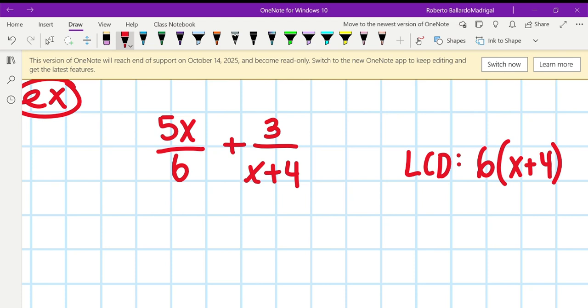Multiplying the binomial. Excuse me. So from the first fraction, what are we missing? We have the 6. What are we missing though? The x plus 4. X plus 4. And then from the right side, we're missing the 6.